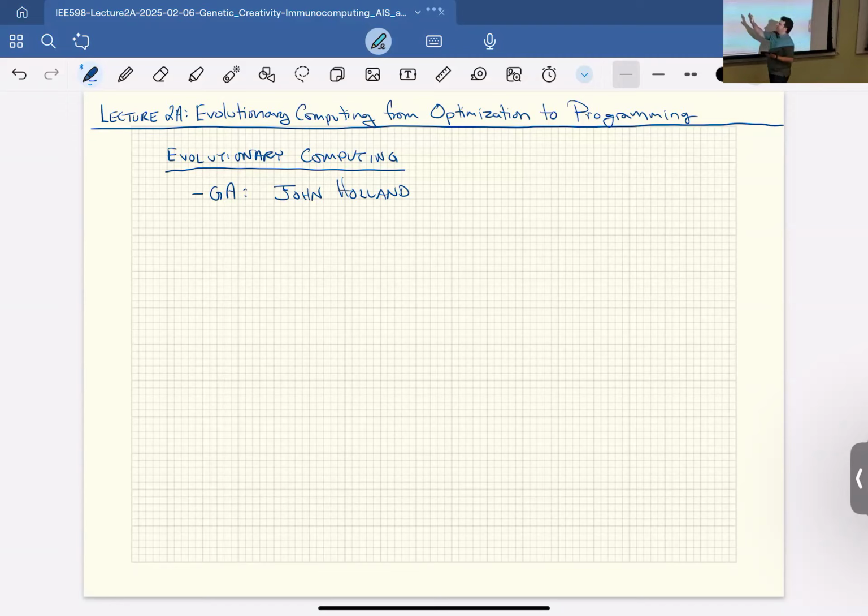And he had a restricted version of the GA, simpler than the GA that we've been talking about, that allowed him to define this so-called schema theorem.